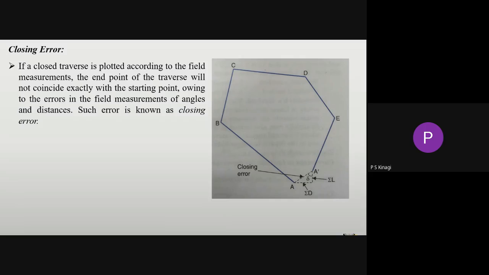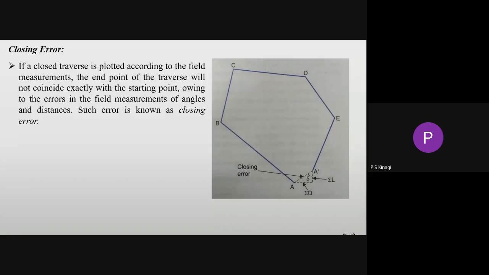Okay, so just observe here, this is one of the closed traverses. Closed traverse means whatever the starting point is, it will act as the end point of the survey, ending at the same point. That is A, B, C, D, E. The last line EA should coincide with the starting point of our survey.